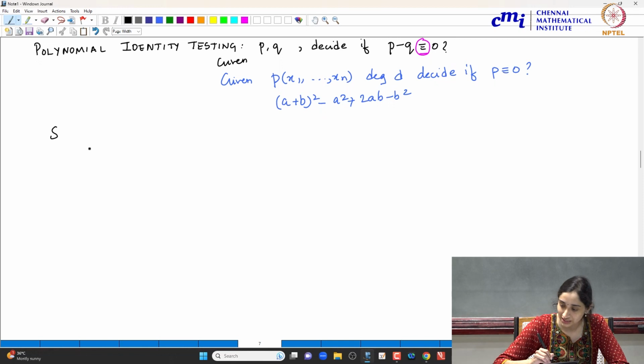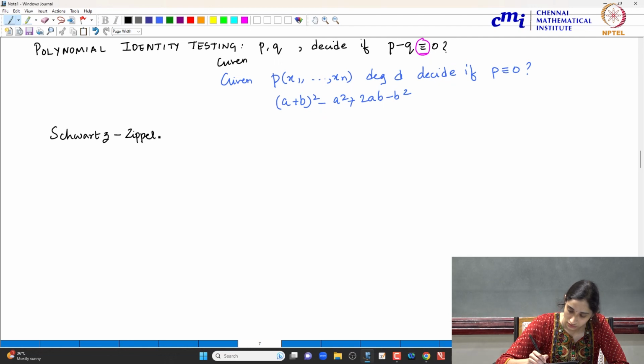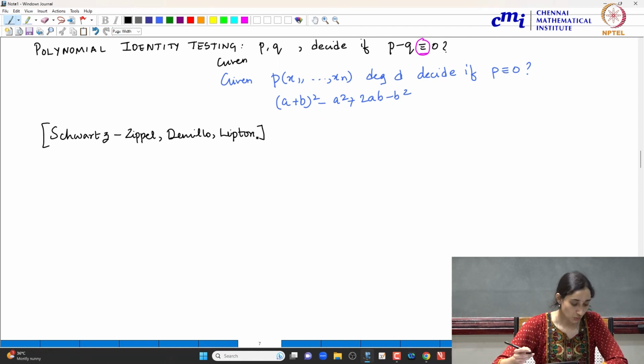I suppose you have seen that if you evaluate it at a random point, the probability that it is non-zero is high. I'm going to trust that you have already understood this. Schwartz-Zippel, were the names introduced? So what does this say?